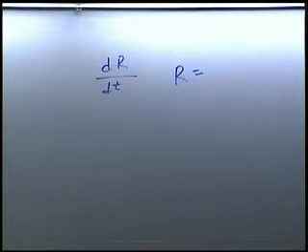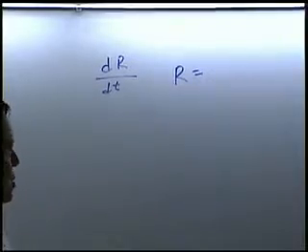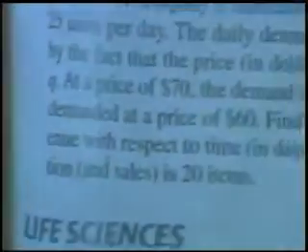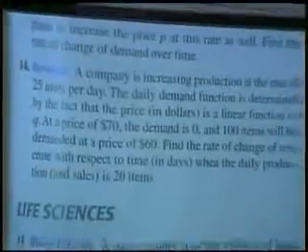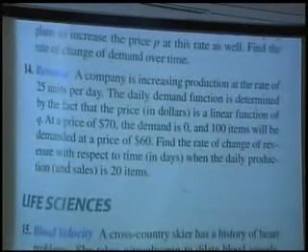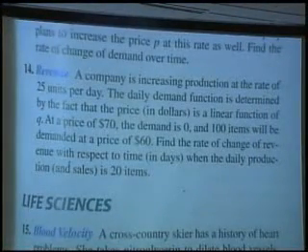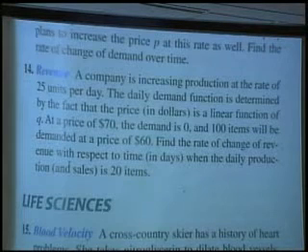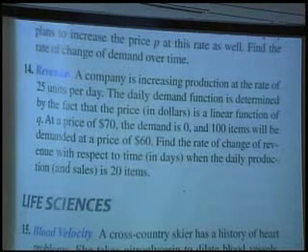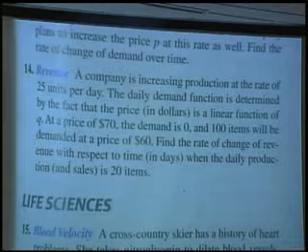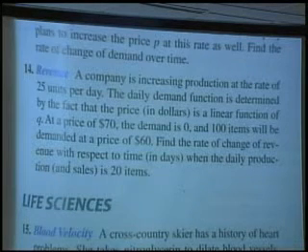Okay? All right, so if we go back and look at the specifics here so that we can generate this revenue equation. Okay, second sentence, the daily demand function is determined by the fact that the price is linear. So we need to write a linear equation for our demand function. Okay, it says at a price of $70, the demand is 0.